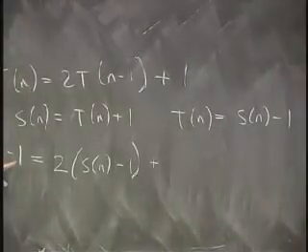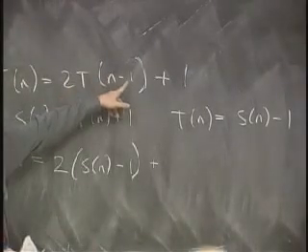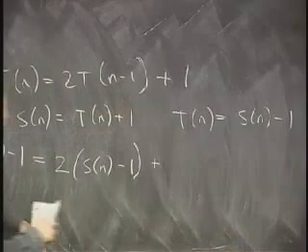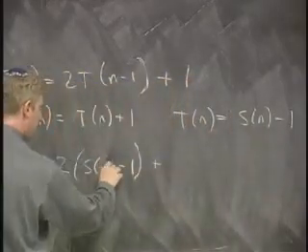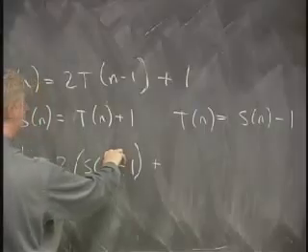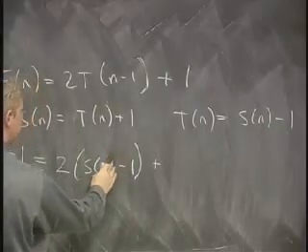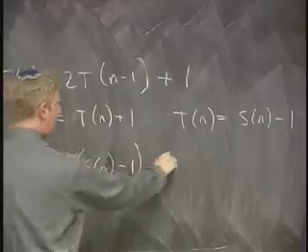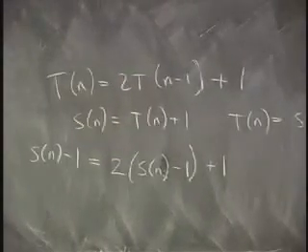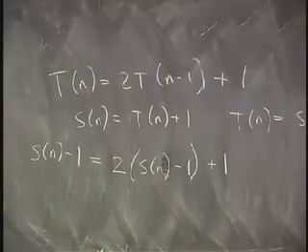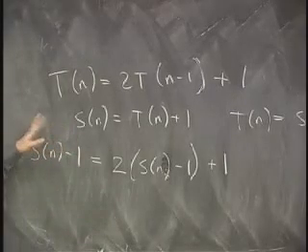So every place you see a t of n here, you put an S of n minus 1. So t of n minus 1 is S of n minus 1 minus 1, and then we add the 1. There we go. Let me do it again, since if I flubbed with the chalk, you're going to think this is harder than it really is.